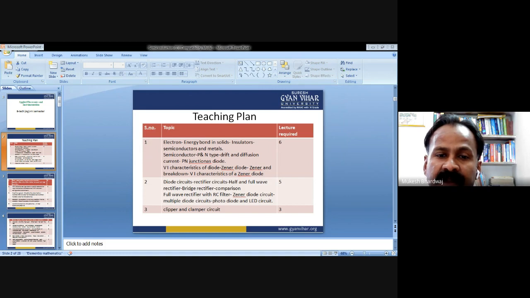And after getting the detail of semiconductors, we are going to introduce two types of semiconductors, that is, one is p-type and second is n-type semiconductor. How the p-type and n-type semiconductors are formed, and more in detail about their depletion width, formation of depletion width, what is the cut-in voltage, what is forward biasing, what is reverse biasing, and all that.